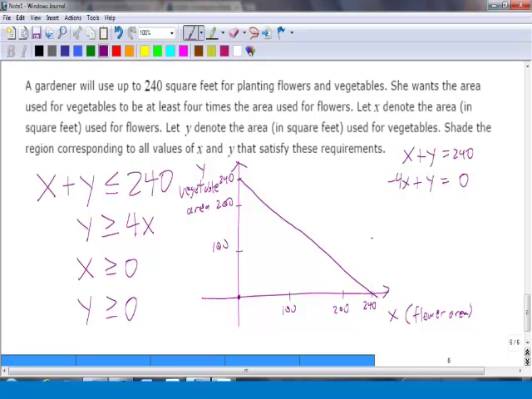I was thinking about using that, but that's probably a mistake. Maybe the substitution method would be better since we've already got y equals 4x. So substitute 4x for y. X plus 4x equals 240. 5x equals 240. X equals 48.